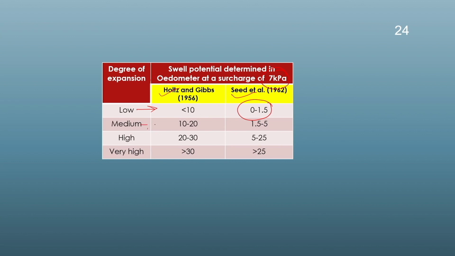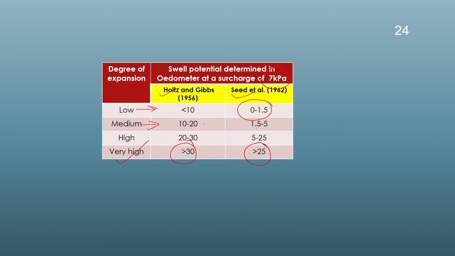Similarly, for a medium expansive soil, Holtz and Gibbs suggest the swelling potential should be between 10 to 20%. At the same time, Seed et al. suggest it should be 1.5 to 5%. For very high expansive soil, Holtz and Gibbs suggest it should be greater than 30, whereas Seed et al. suggest it should be greater than 25%.